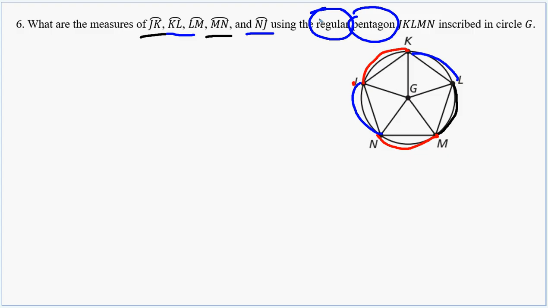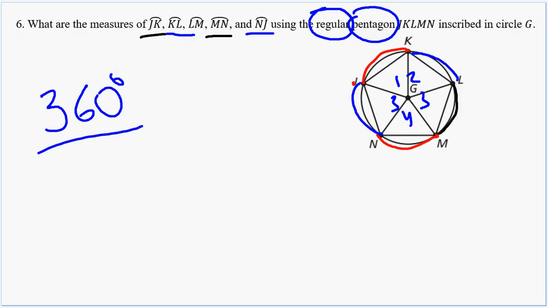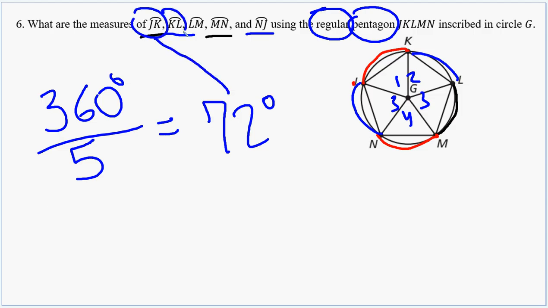Regular meaning all angles are the same. So all the angles inside will be the same. We've got 1, 2, 3, 4, 5 of them. So this is easy as taking the full 360 and dividing it into 5 equal slices. Each slice will be 72 degrees. So that 72 is for all of these different arcs.